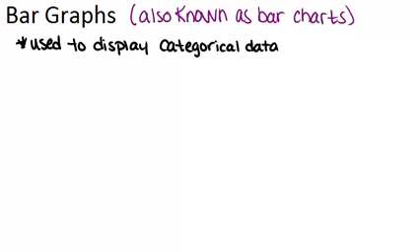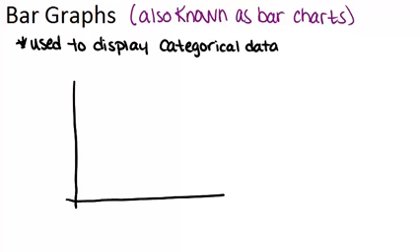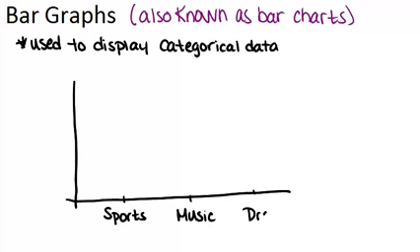So if you want to make a bar graph, you should first set up your axes. You're really going to be working in one quadrant. Then decide on your categories. So in this case, let's just pick 3 categories: sports, music, and drama.